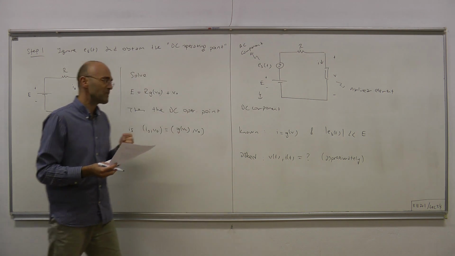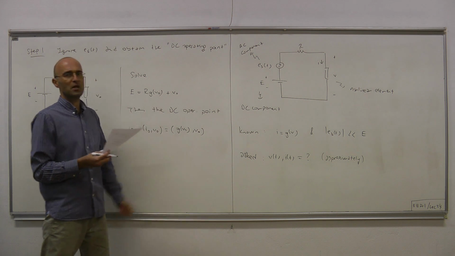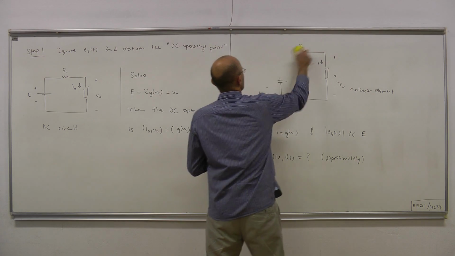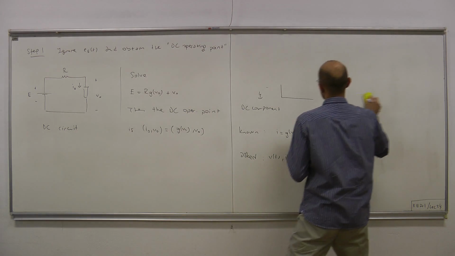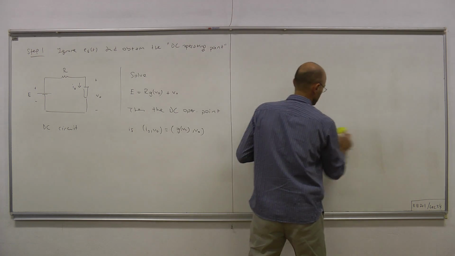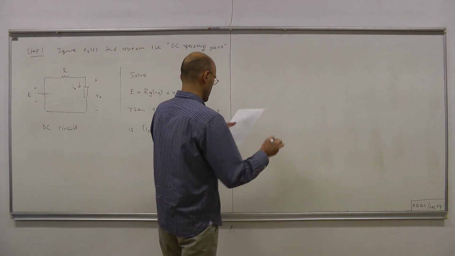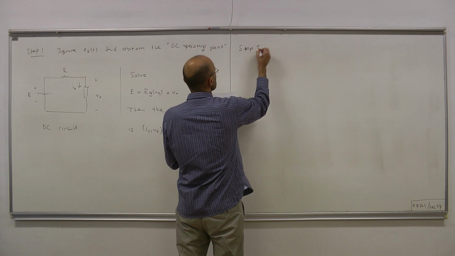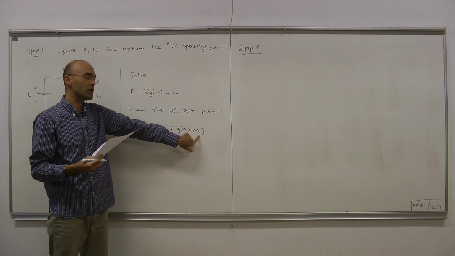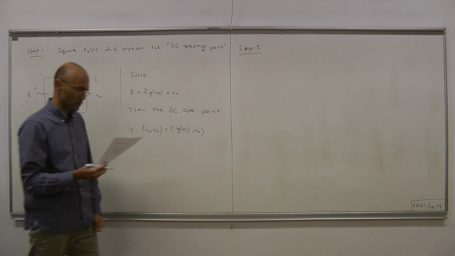Okay, so you have to refine your answer a little bit, and in that case, what you can do is you can go one step further in the following way. That's step 2. Now here, this is the zeroth order approximation. Now we're going to make this approximation a little bit better by adding a correction term to it.